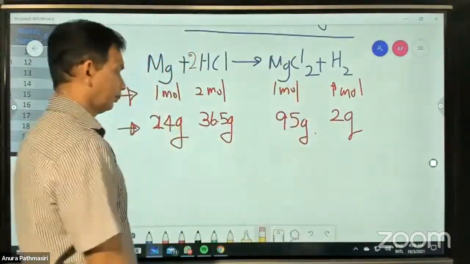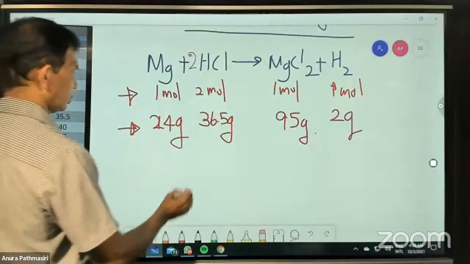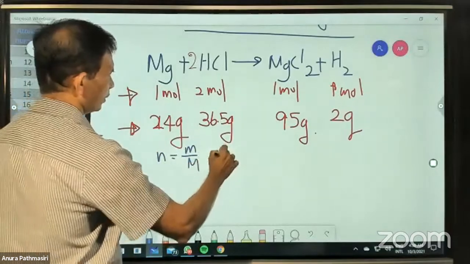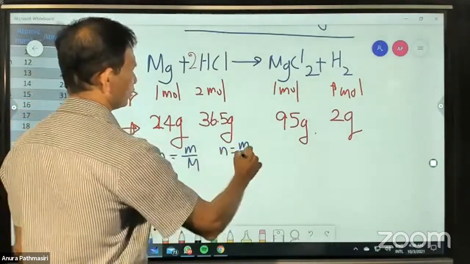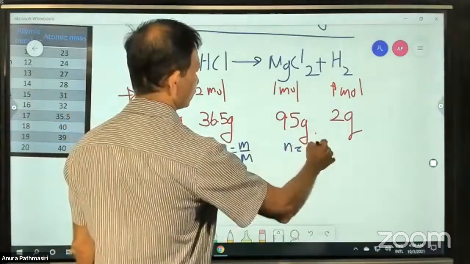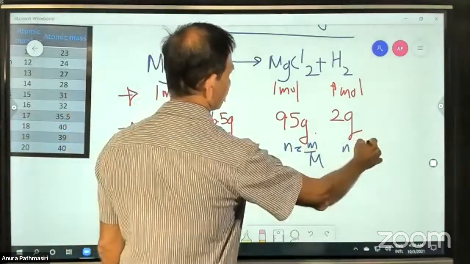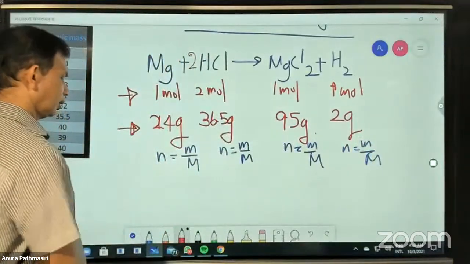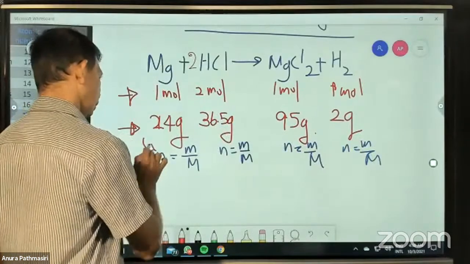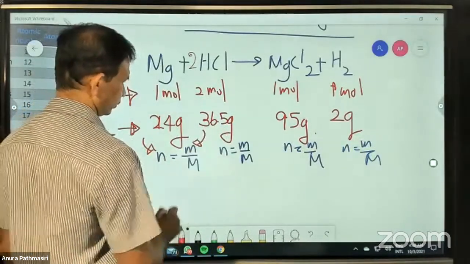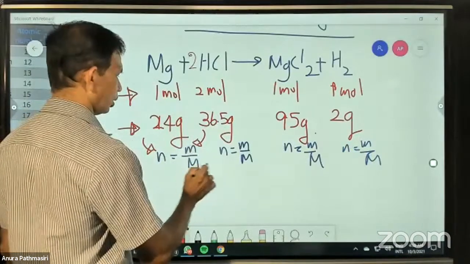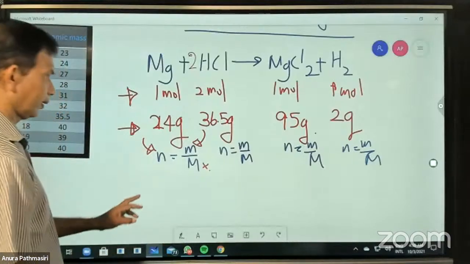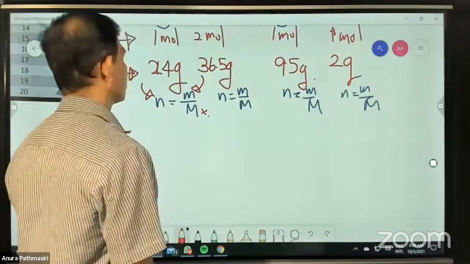That means you can use n equals m over M, and you can ask anything from here or from here. I will show you how it is done.